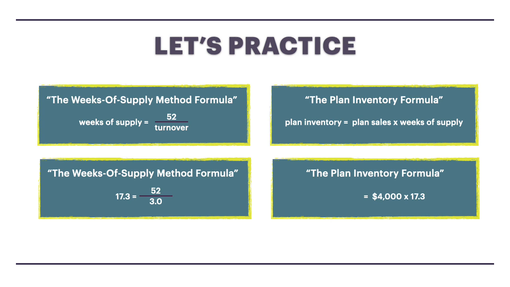Your weeks of supply is 17.3. Remember, that's what we just figured out in the other formula. So now we're going to take our planned sales of $4,000 and multiply that by 17.3, which is going to give us a total of $69,200.